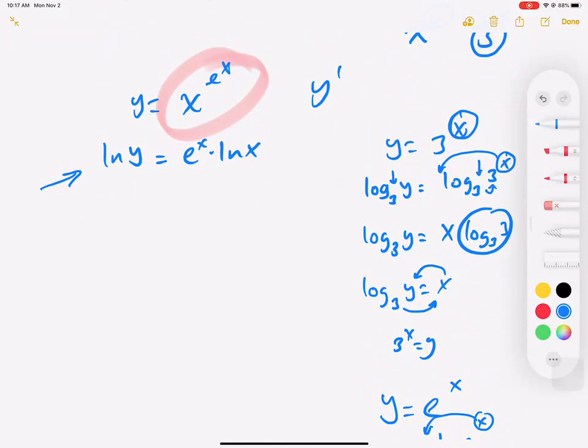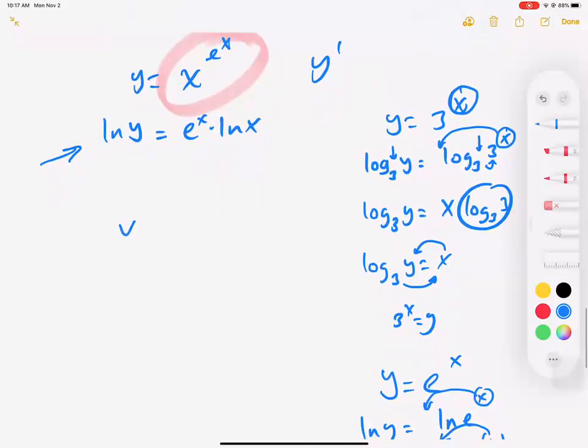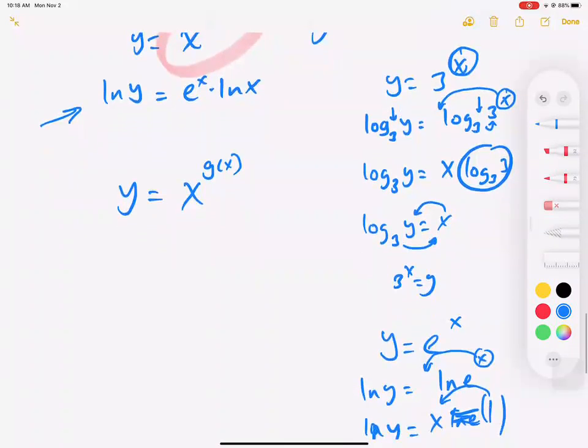Okay. Now, this becomes a different problem. What if I write x to the g of x like that? What the hell is that? Can you at least tell me what g is? And the thing is, we don't have to. If we natural log, because this is a variable to the variable, we have to use natural logs to bring down that exponent. g of x natural log of x.